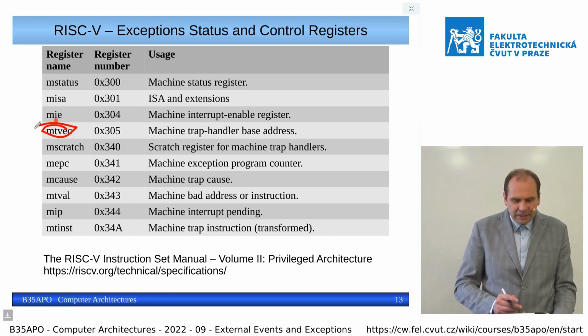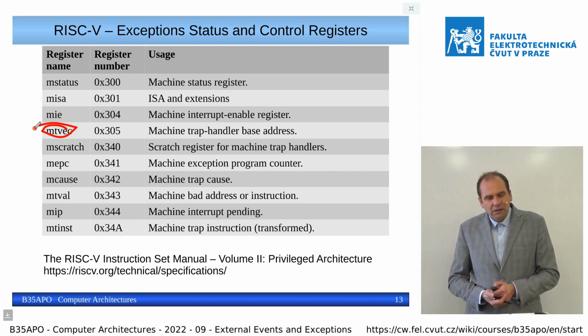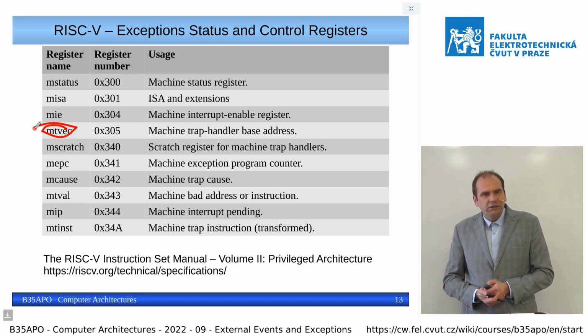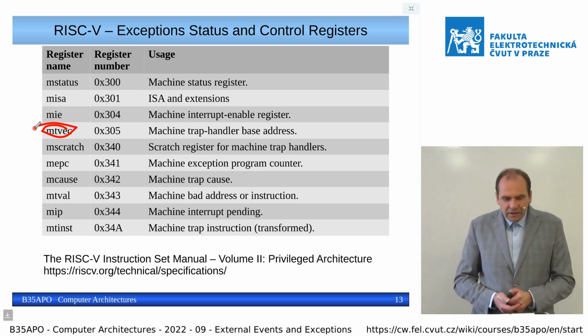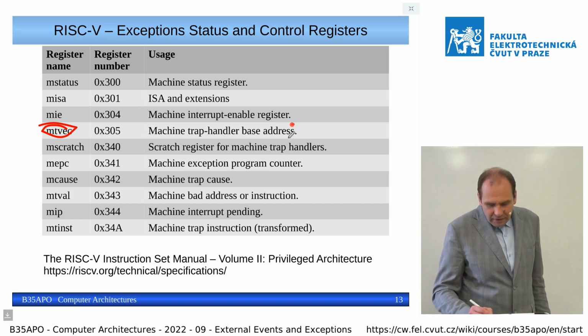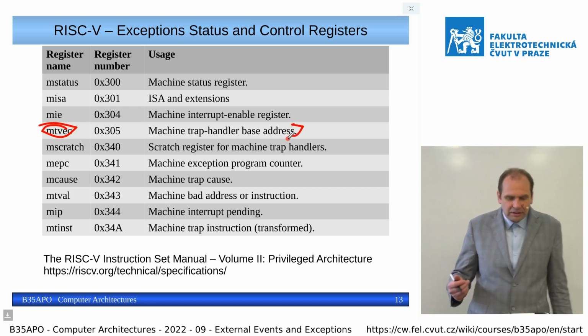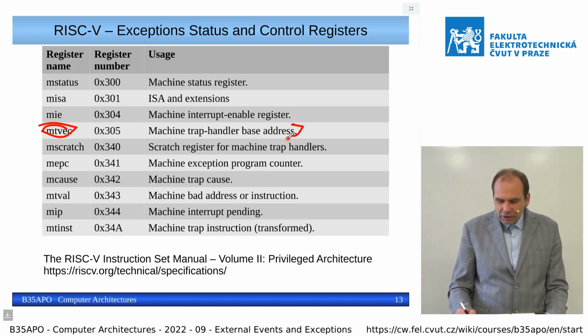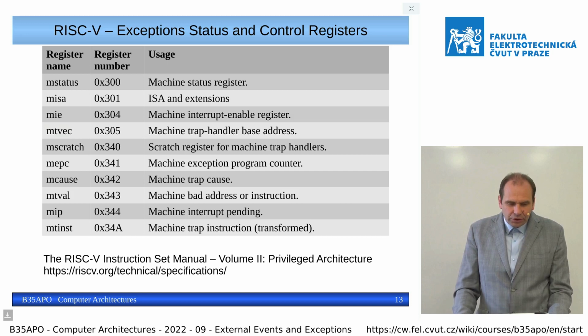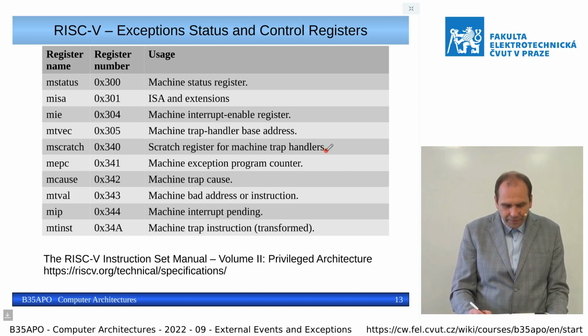Then we have the mtvec register, which holds the starting address where the interrupt handler or exception service routine starts. So it is the actual address where the execution will be transferred when the exception is processed.